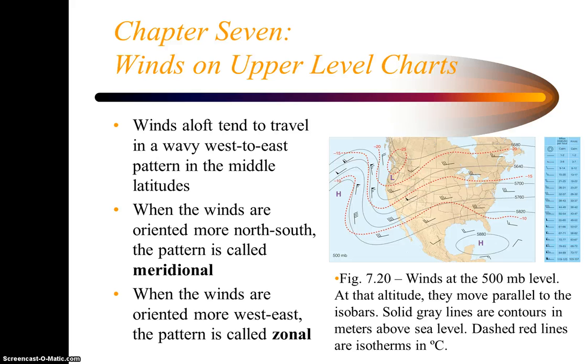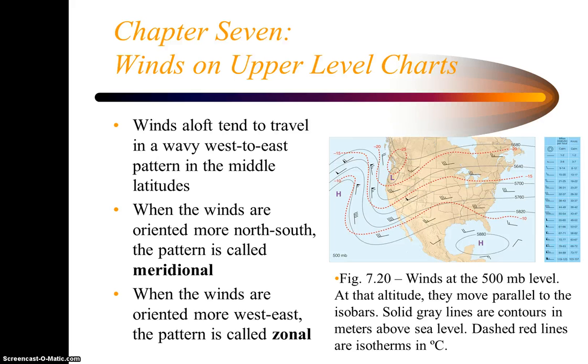When the winds are oriented more north-south relative to the lines of longitude, we call the pattern meridional. When the winds are oriented more west to east relative to lines of latitude, we call that a zonal flow. So meridional flow is more north to south with the lines of longitude or meridians.